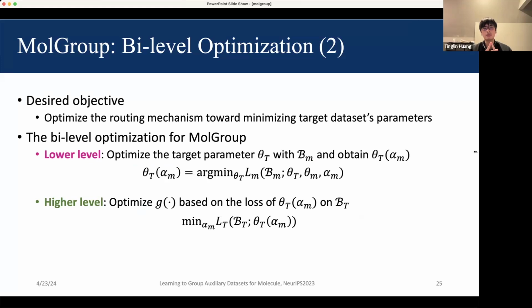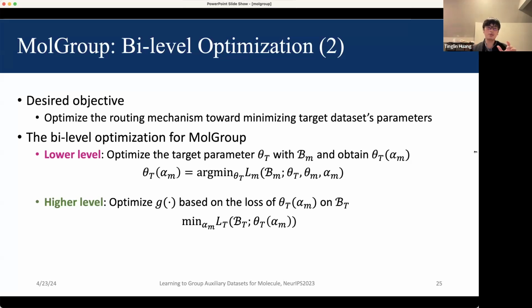So in our paper, we propose to optimize the routing mechanism by a bi-level optimization framework. We break the original optimization framework into two steps, into two levels. In the lower level, given a mini batch from target data sets and auxiliary data sets, we first optimize the target data set's parameters with the auxiliary data set's mini batch.